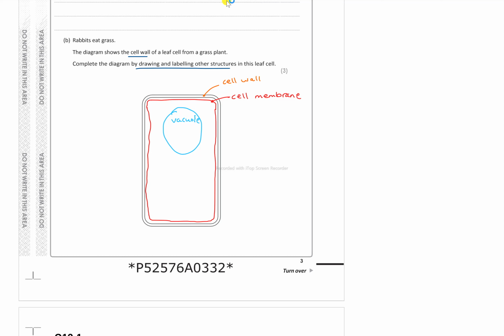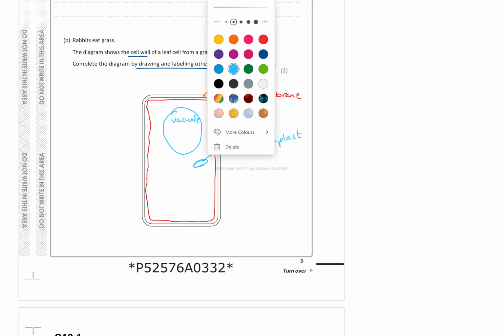Right. And then you've got chloroplast. Should have done that green, really.